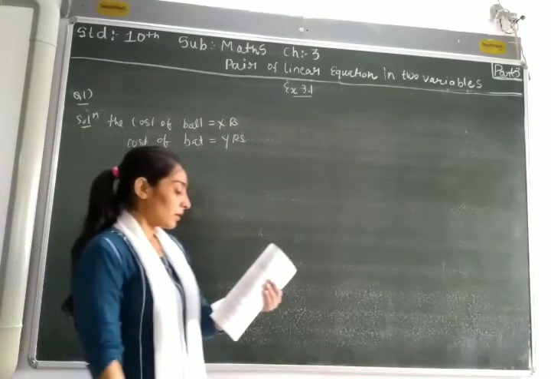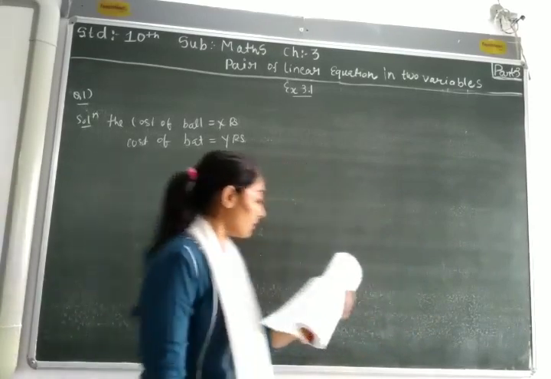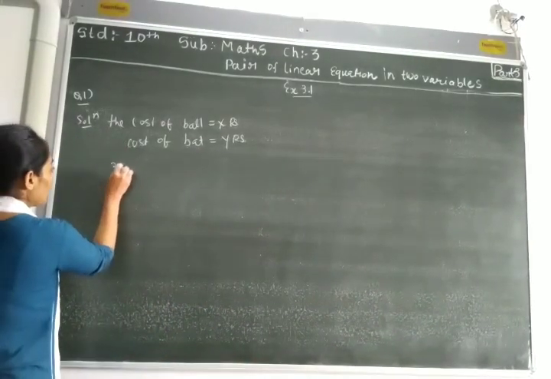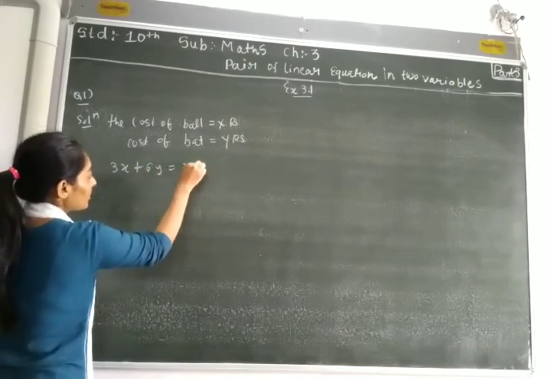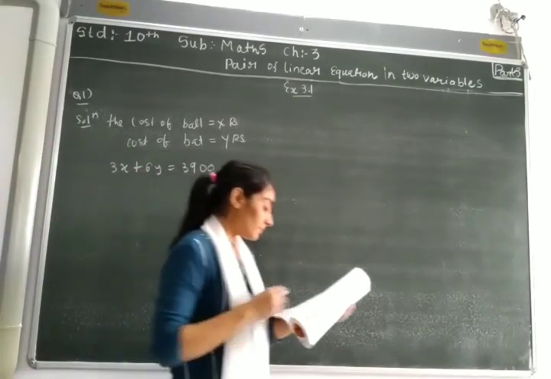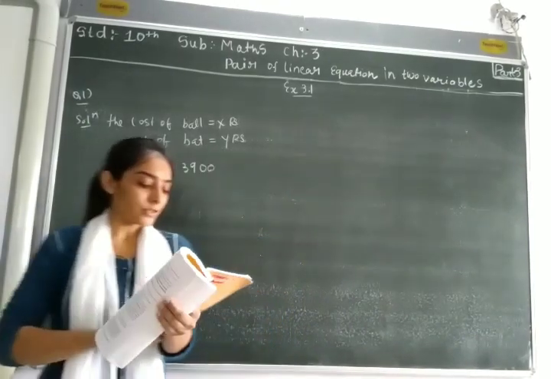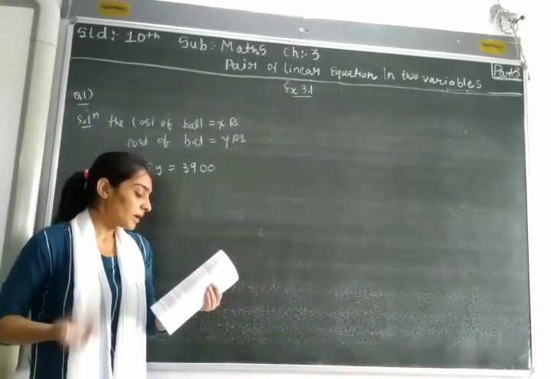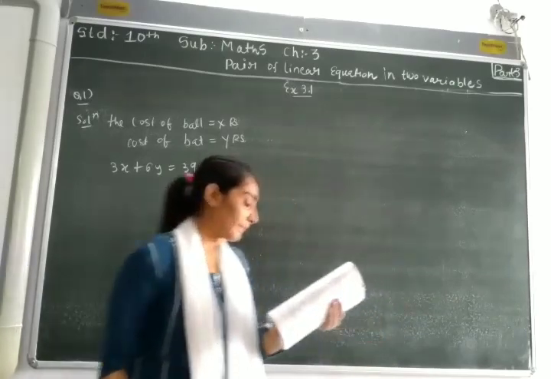A coach of a cricket team buys 3 bats and 6 balls. So I can represent this way: 3x and 6y equals 3,900. Later, she buys another bat and 3 more balls of the same kind for 1,300.